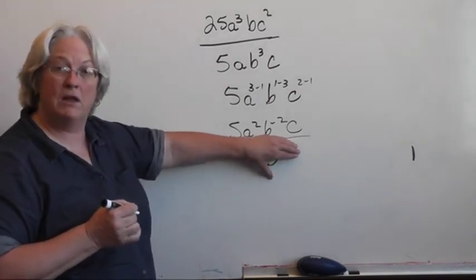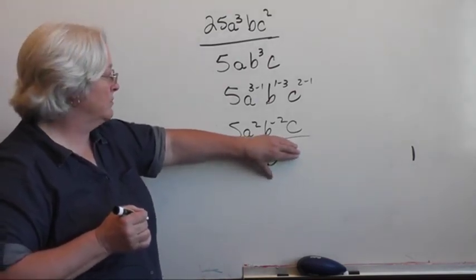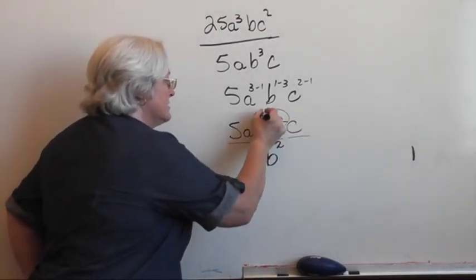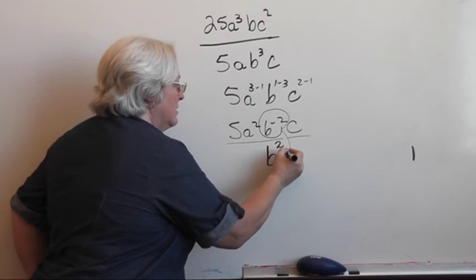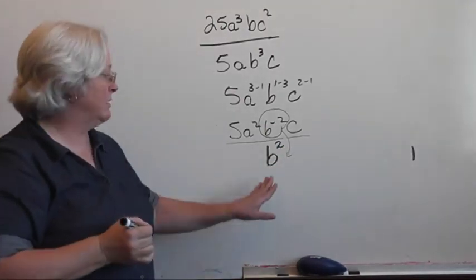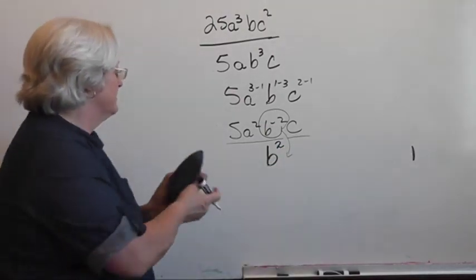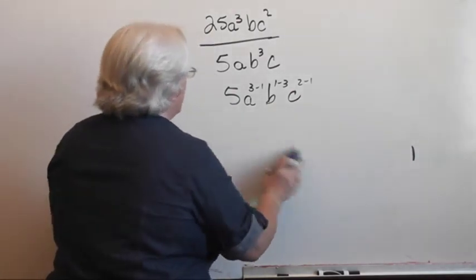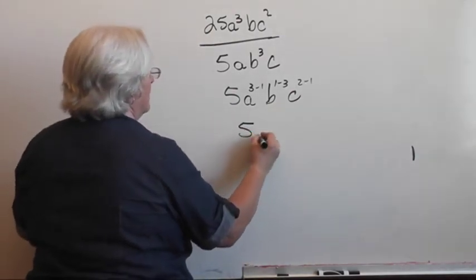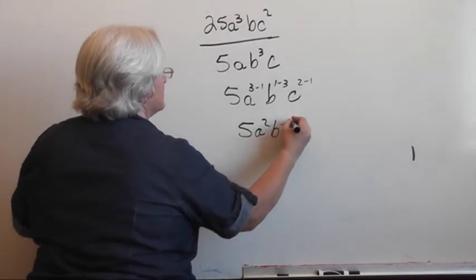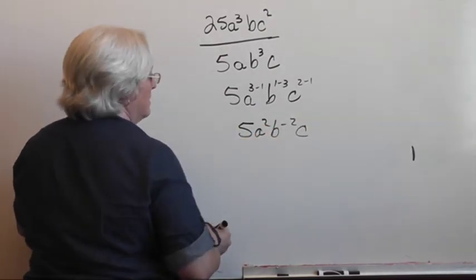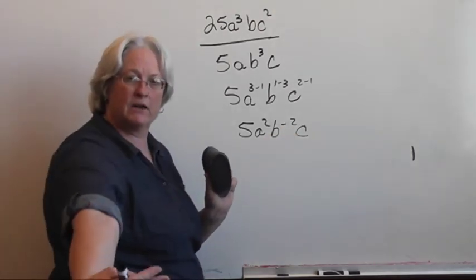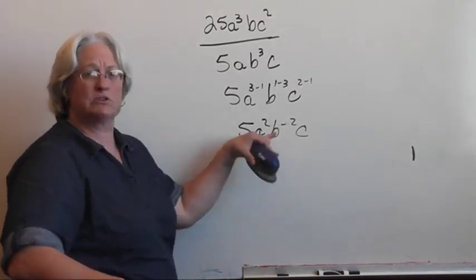We have b to the minus 2, so we're going to move that whole b to the minus 2 across the fraction bar, and it becomes positive. So if we have 5a squared b to the minus 2 c, we're going to put all of our negative exponents on the other side of the fraction bar. And you see, there's no fraction bar there.